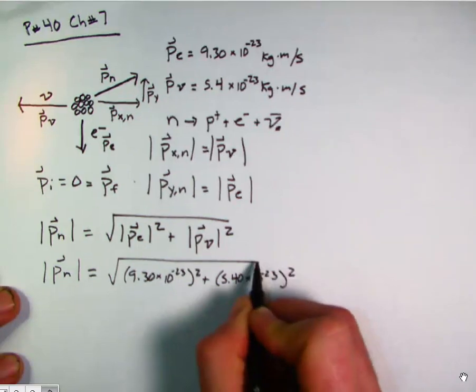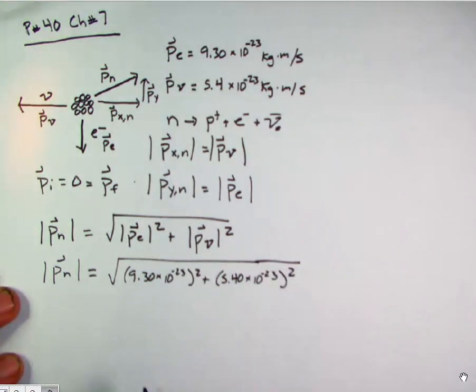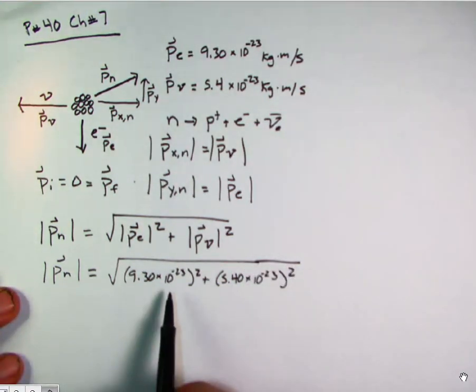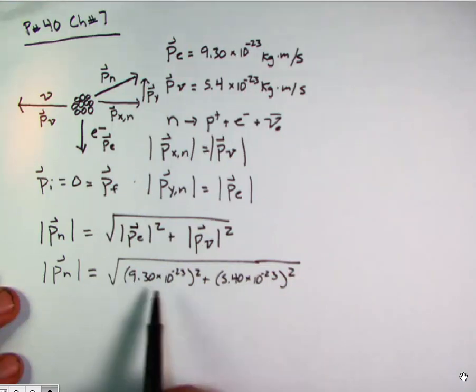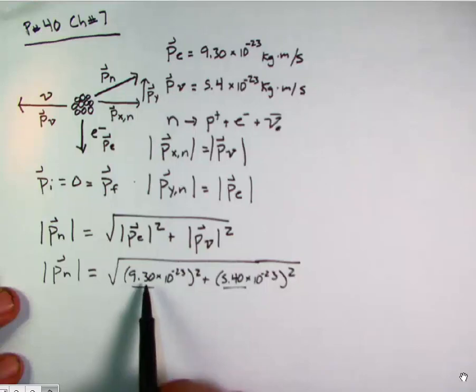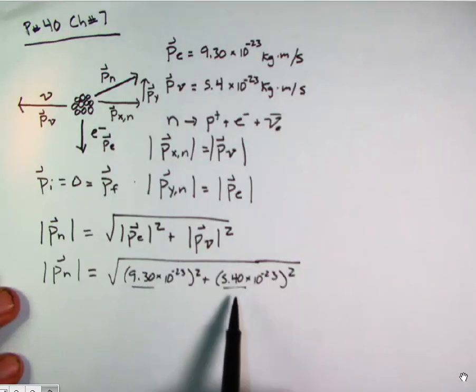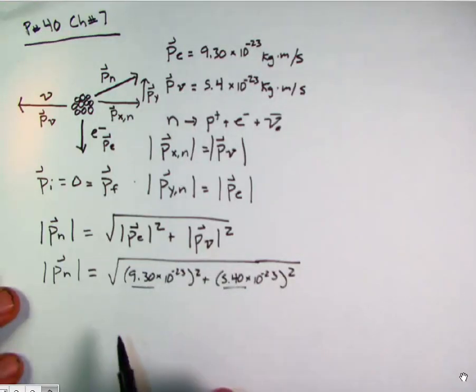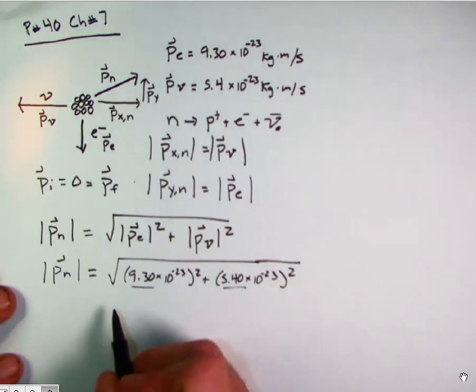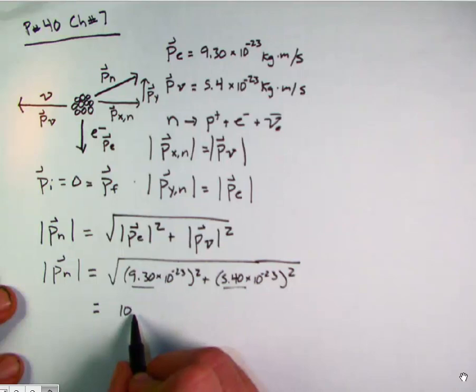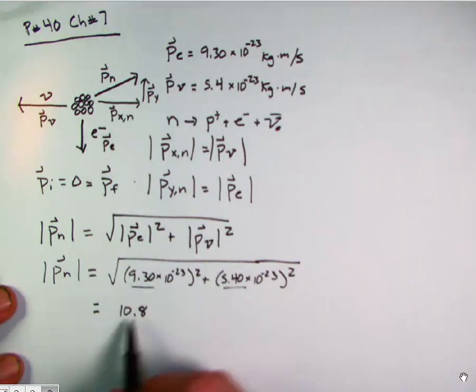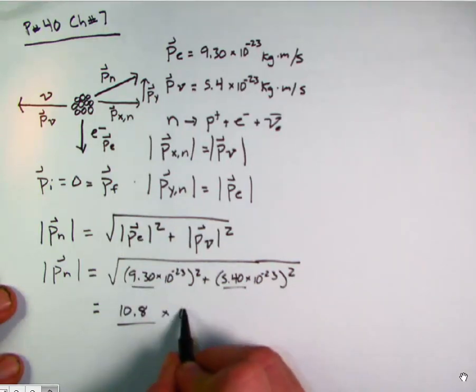By the way, if you're ever doing a problem like this on the AP test, don't type in that 10 to the minus 23rd. Just do 9.3 squared plus 5.4 squared and take the square root, and then just know your answer will have a factor of 10 to the minus 23rd in there. So when I did that, I got 10.8, and then I would just know that's times 10 to the minus 23rd.